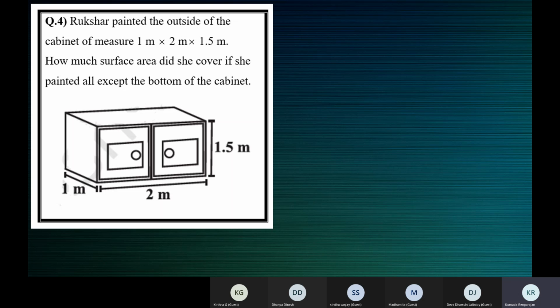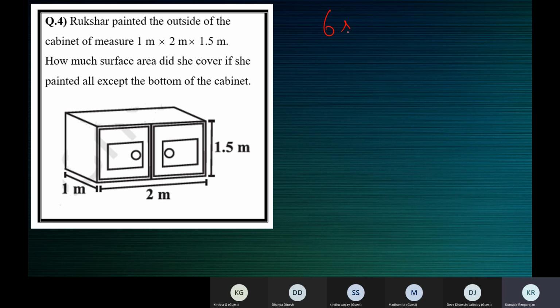You can see the picture of the cabinet below of measure L, B, H given to you. How much surface area did she cover if she painted all except the bottom of the cabinet? So she paints the four side faces and the top. She does not paint the bottom.